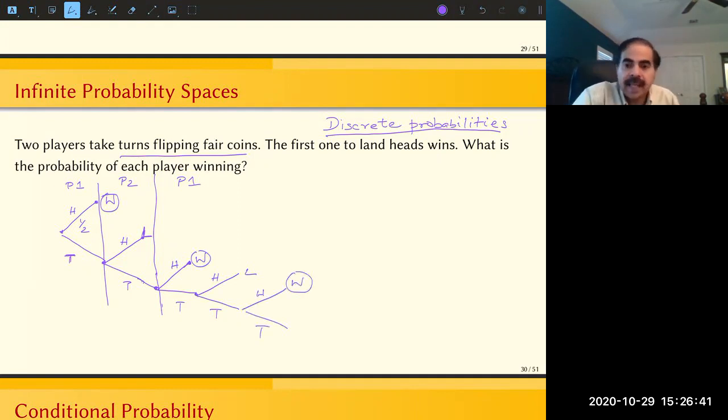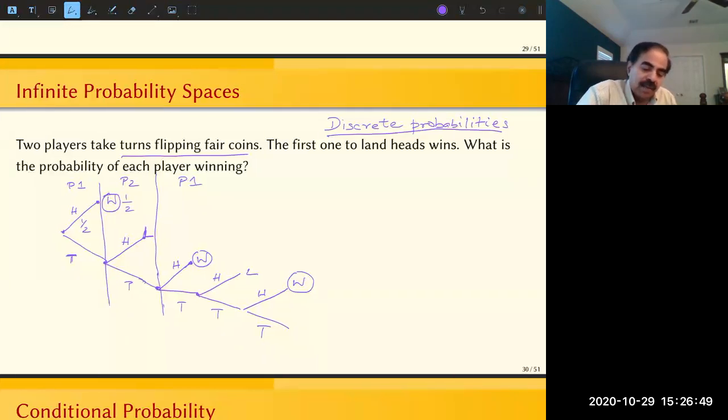So let's look through all the W nodes and add up their probabilities. Here the probability is half, right? And for this node, you have to look at 1/2 times 1/2 times 1/2, so this is 1/8.